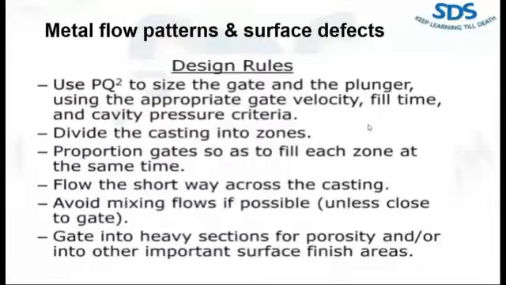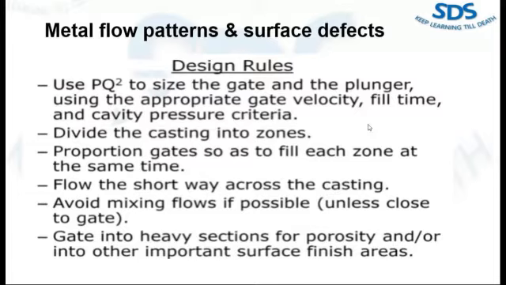The casting is divided into fill zones, as I told you earlier. If you have a variation in volume in your casting, you divide it into several sections with respect to their volume, and according to that we find the filling time, and then we find the gate area.